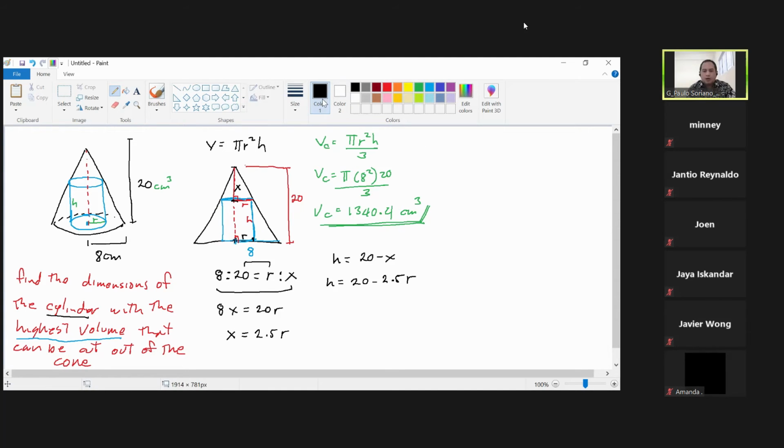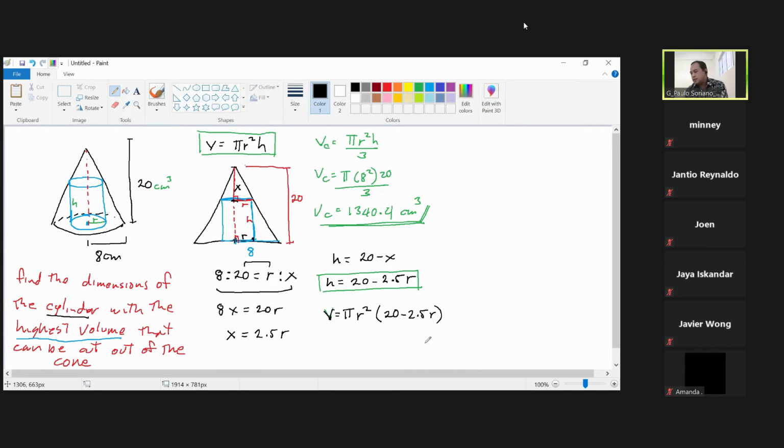So our h is now in terms of r, and we can now put this in our volume formula. So volume is equal to pi times the radius squared times h, which is 20 minus 2.5 r.